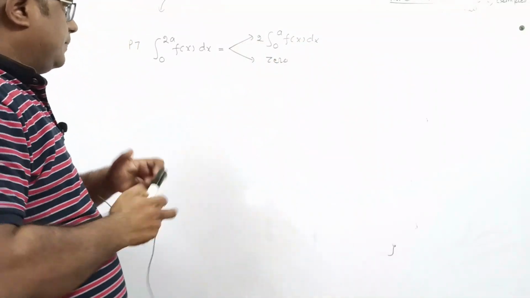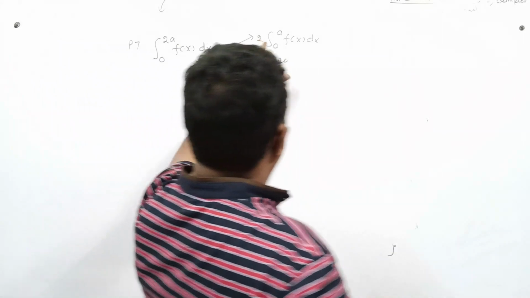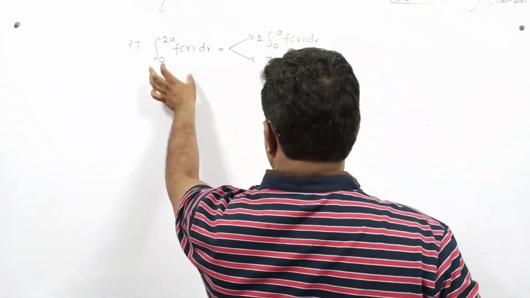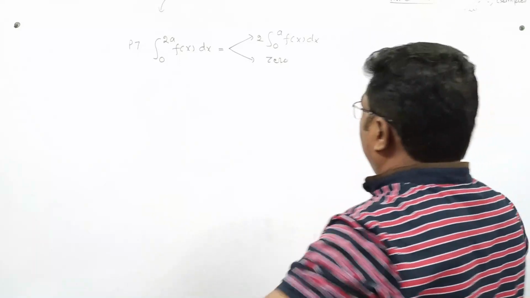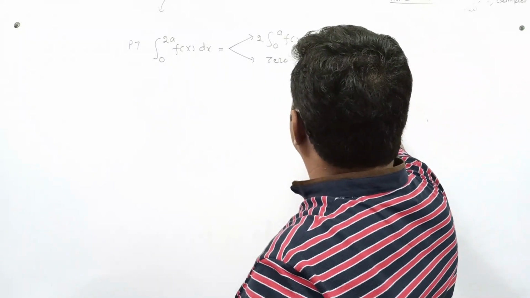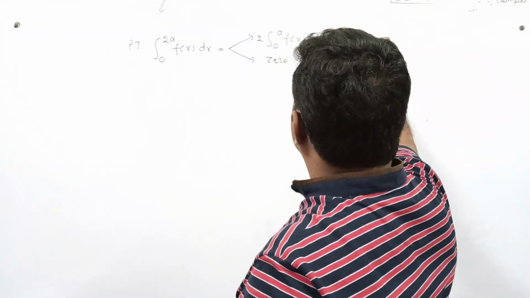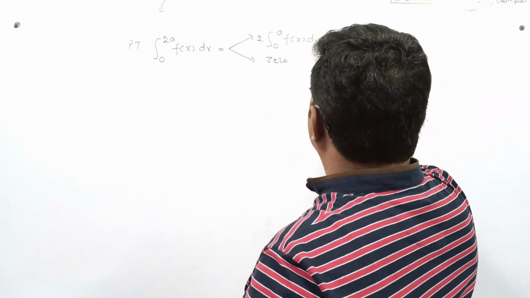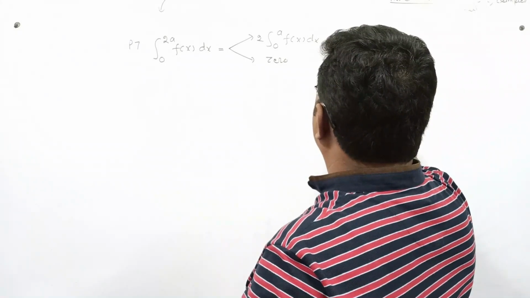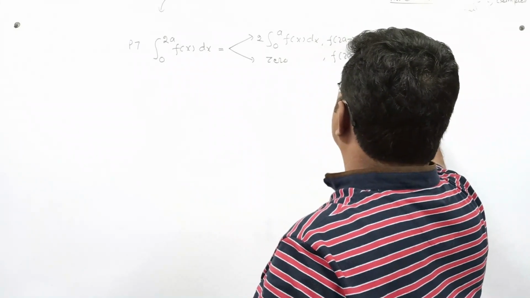In case first, the result is twice the integral 0 to a f(x) dx. In the second case, the result is 0. The condition for the first case is f(2a - x) is equal to f(x), and the condition for the second case is f(2a - x) is equal to -f(x).